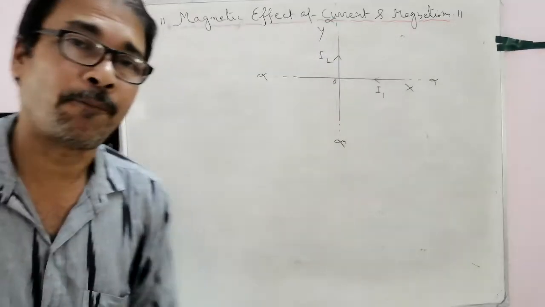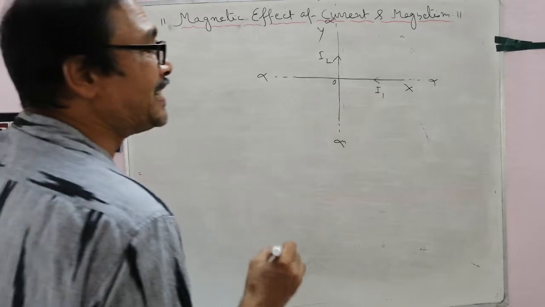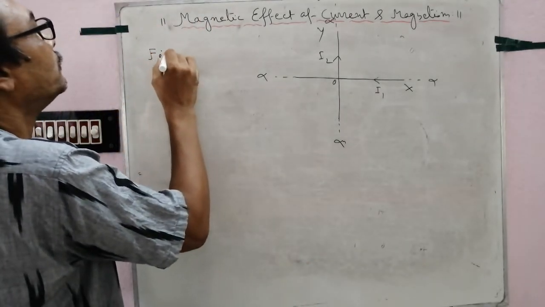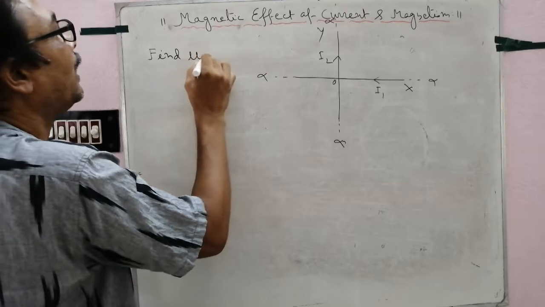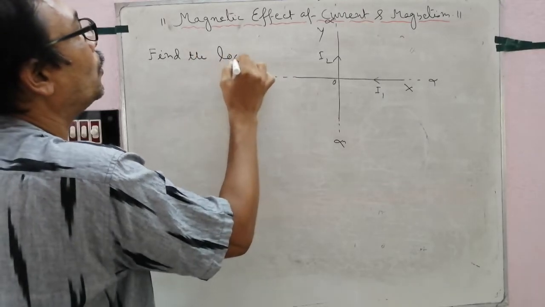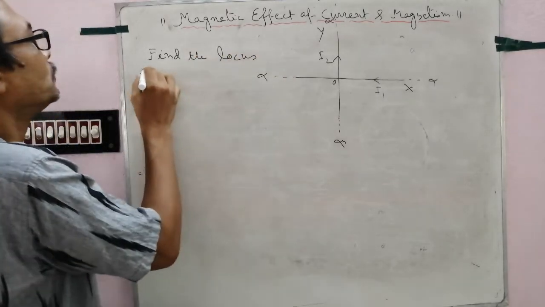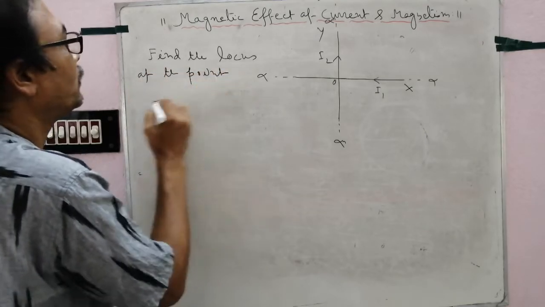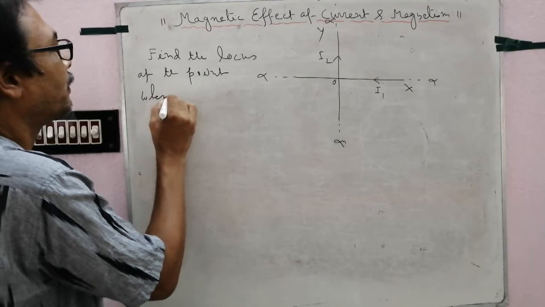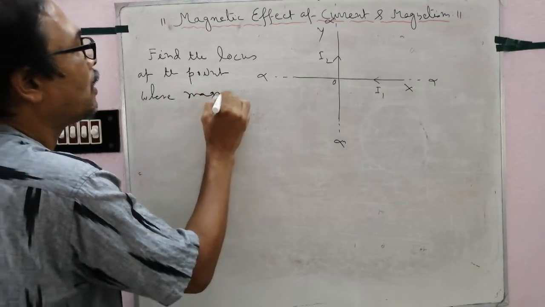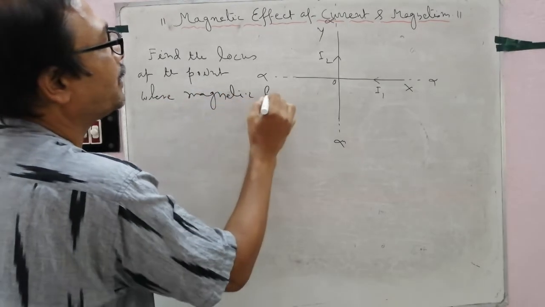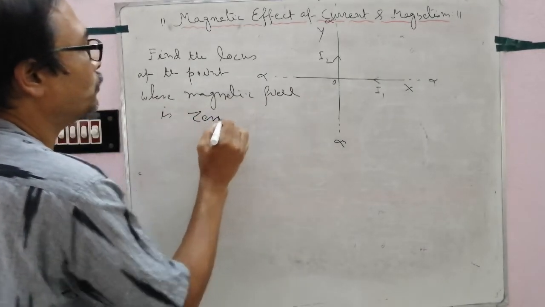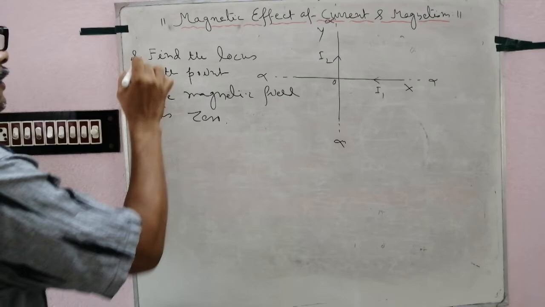Find the locus of the point where the magnetic field is nil. What is the question? Find the locus of the point where the magnetic field is 0.